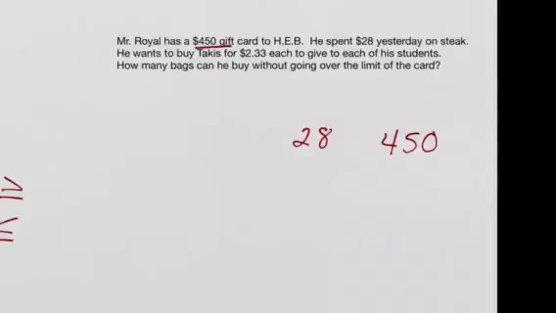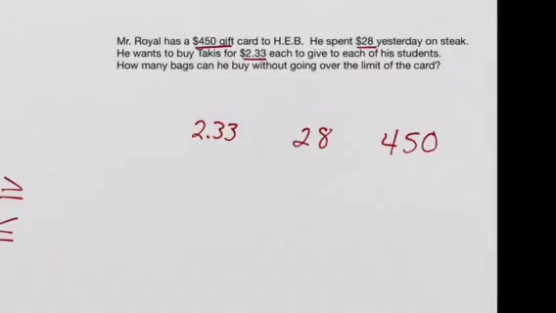Now, he wants to buy Takis for $2.33 each to give to each of his students. So I know that I need to definitely mark that because it's going to be important. And I'm going to write $2.33. Now, if I know 28 is my constant, and I'm looking to see what my variable will be, I now look at what the question is asking for. How many bags can he buy?